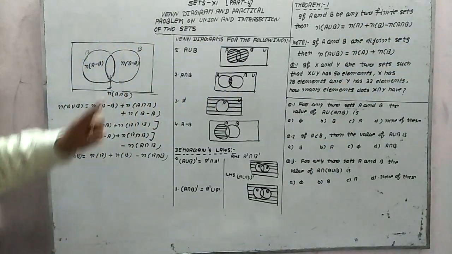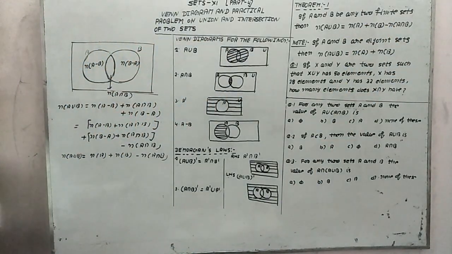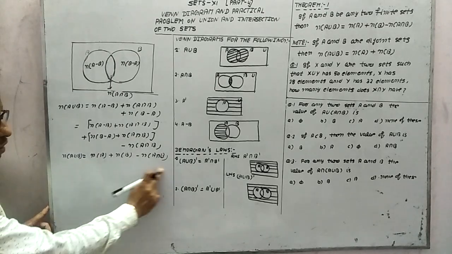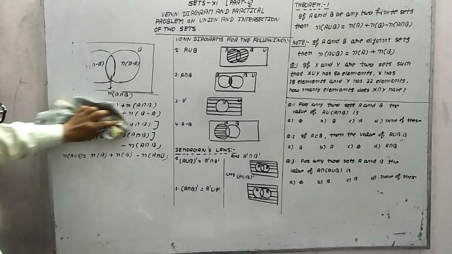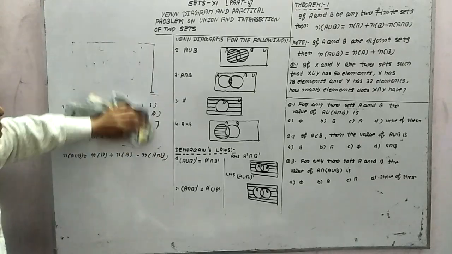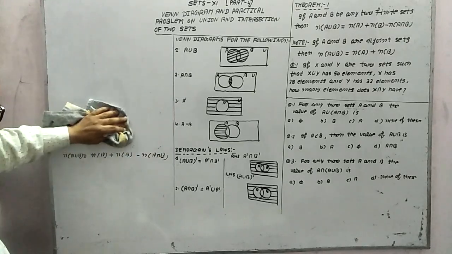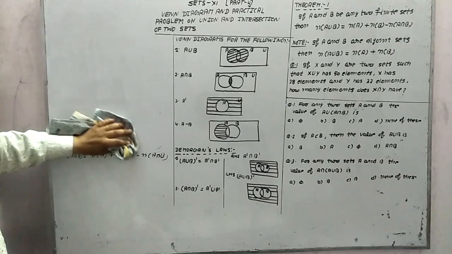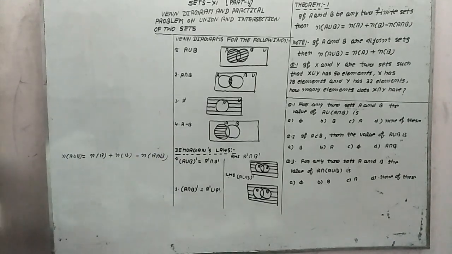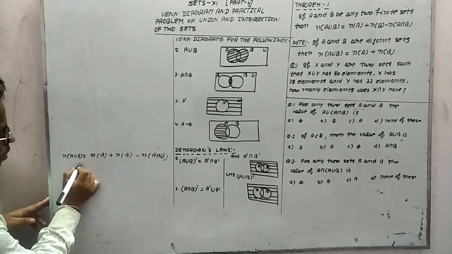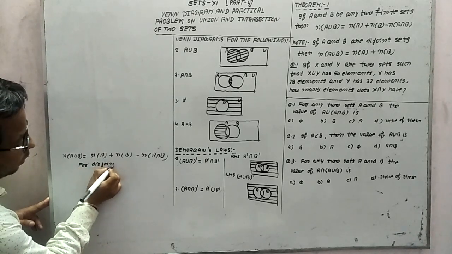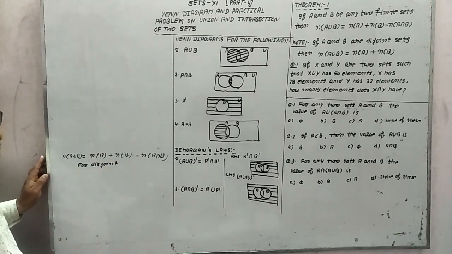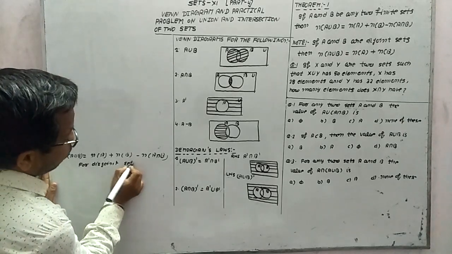Now look at this thing. If we have to do the proof of this, first of all you will say we know this thing. It means, as we know very well, the number of elements in A union B is equal to the number of elements in A plus the number of elements in B minus the number of elements in A intersection B. Now for disjoint sets, you know very well what disjoint sets are: A intersection B has no part in common.